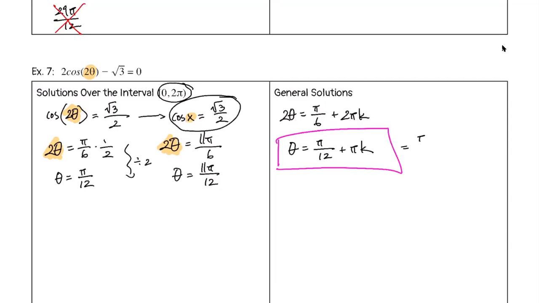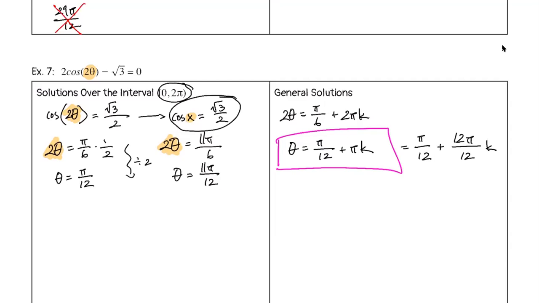So I have pi over 12 plus, how do I write pi as a fraction with a denominator of 12? Yeah, so we get 12 pi over 12, right?